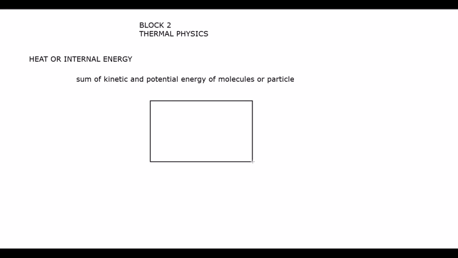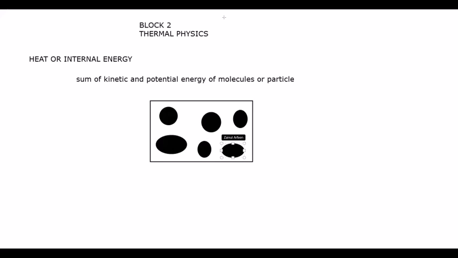So example, you have a container which is having say 6 particles. First particle having 2 joules, the second particle is having 3 joules, the third particle having 5 joules, ten joules, 4 joules, and example 2 joules.